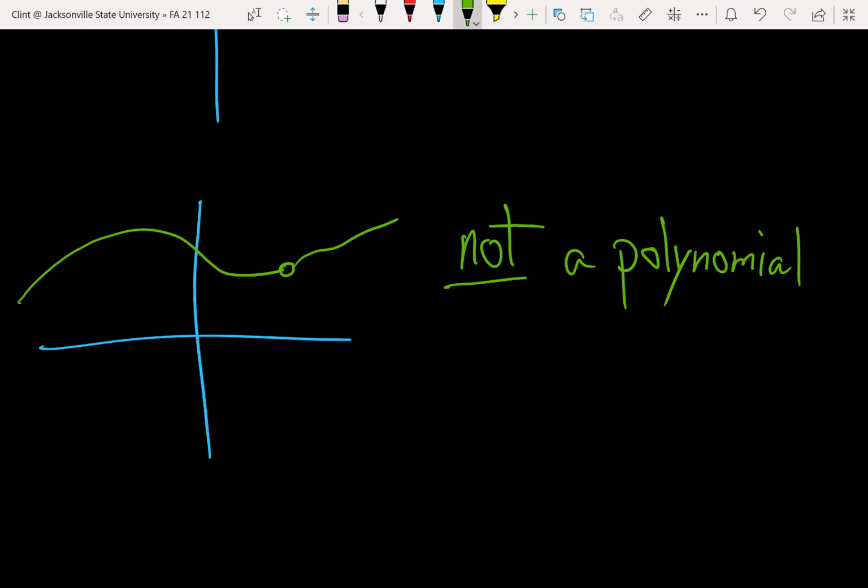We could go up on the left, your left, and down on your right, and be like negative x cubed. So we only have those 4 situations, no matter what degree our polynomial is. Its end behavior has to be one of those 4 things. So either both up, both down, or they're opposites, and then we can figure out which way that would be.